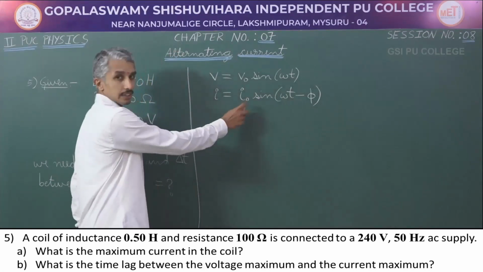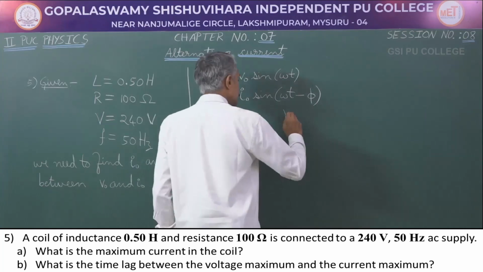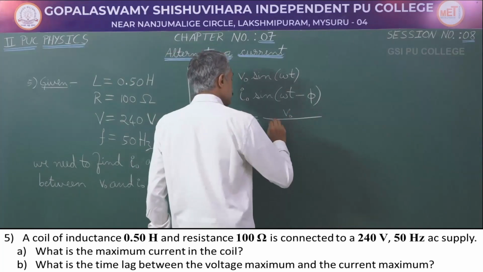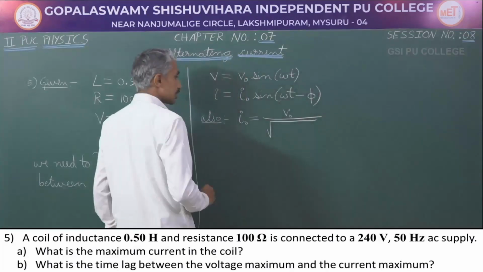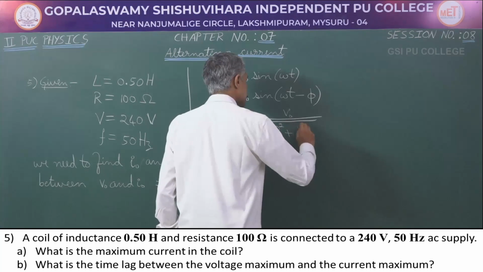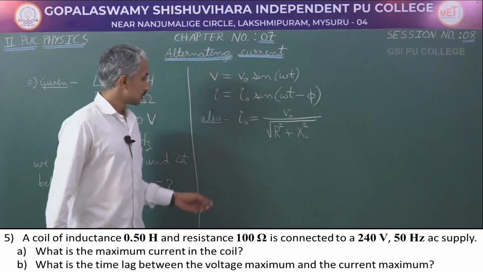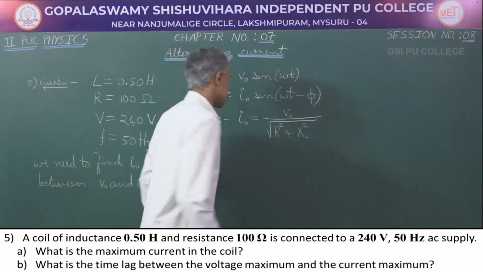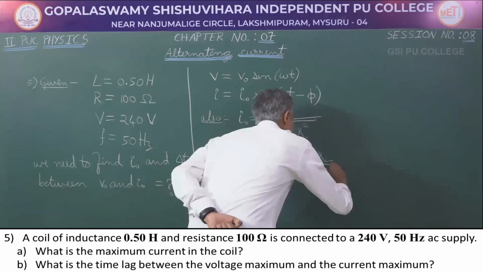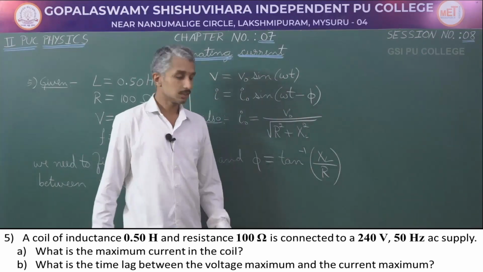And further here the maximum current is given by the voltage maximum divided by the total impedance of the circuit, which is going to be the square root of R square plus XL square. Also the phase difference phi is given by tan inverse of inductive reactance divided by resistance.